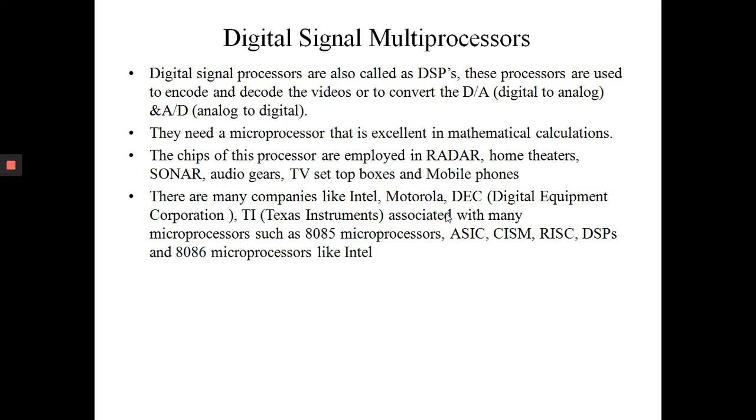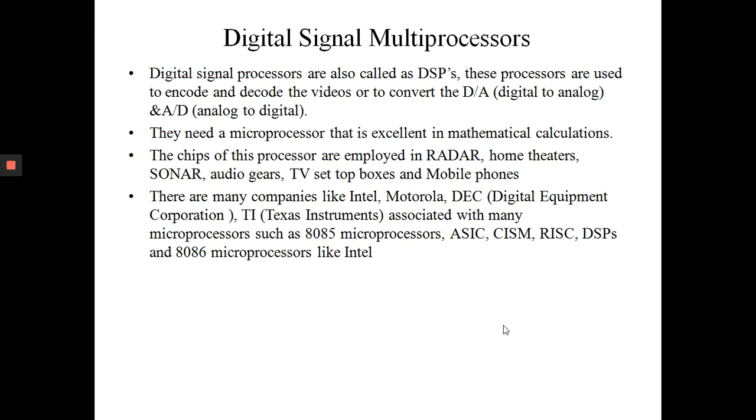Digital signal microprocessors. Digital signal processors are also known as PICs. These processors are used to encode and decode videos and to convert digital to analog to digital signals. They need a microprocessor that is excellent in mathematics.